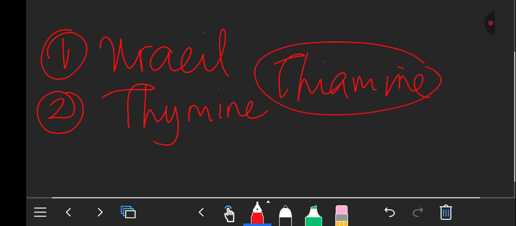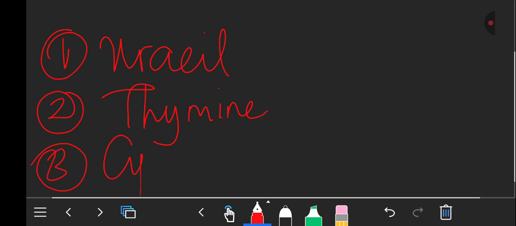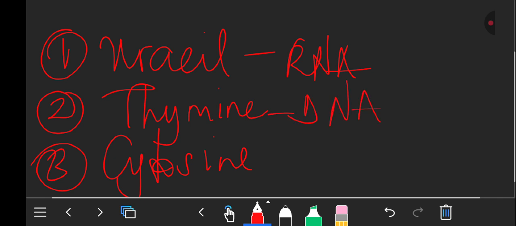You can pronounce it either way, as long as you are correct in spelling. Then the last one is cytosine. Uracil is only found in RNA. Thymine is only found in DNA, but cytosine can be found in both RNA and DNA.